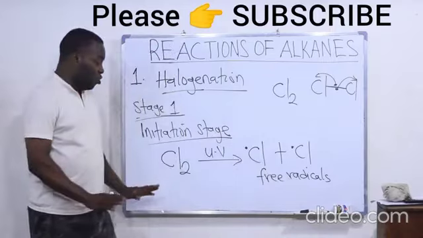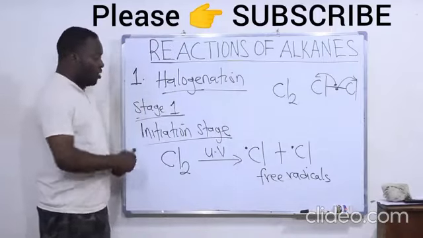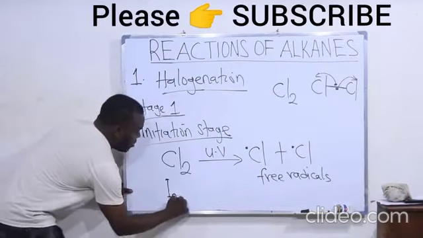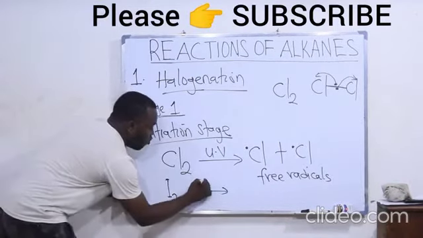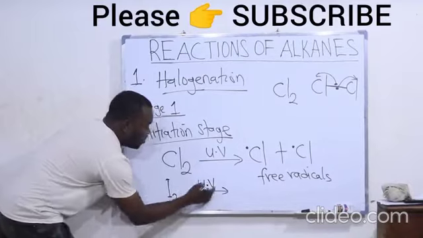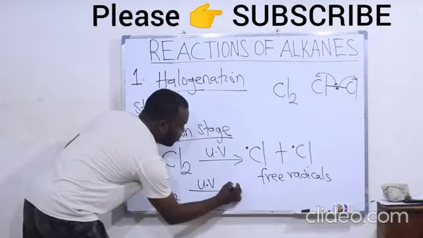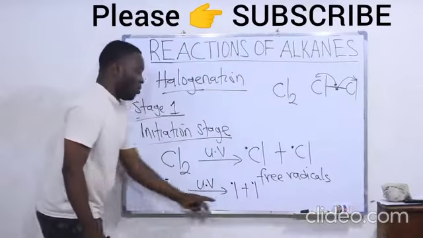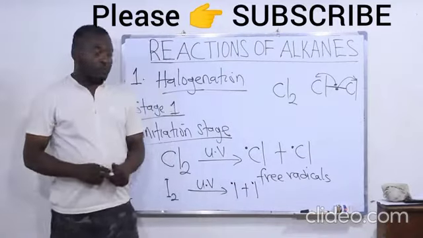That is what we call the initiation stage. Even if you are using a bromine or iodine molecule, for instance, 2 atoms of the iodine will break up into 2 in the presence of ultraviolet light, giving us iodine radicals like this. These are called free radicals.